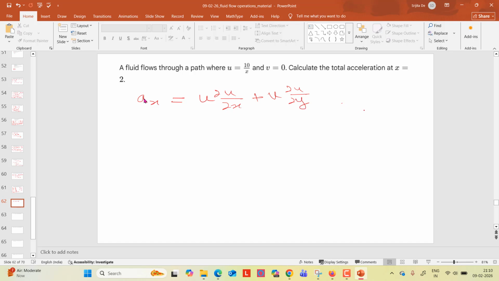It is talking about the total acceleration, right? So it doesn't have t terms, so I'm not writing the t.